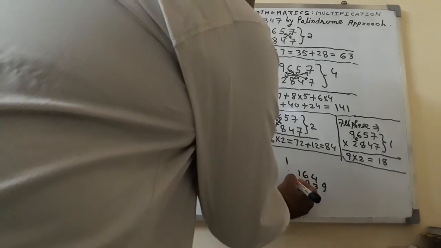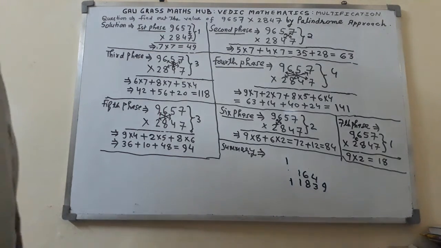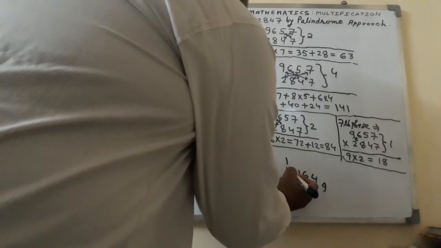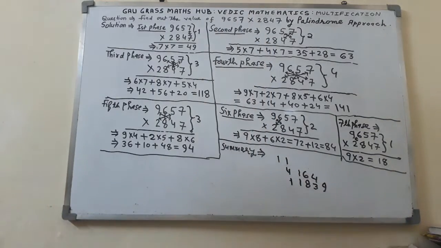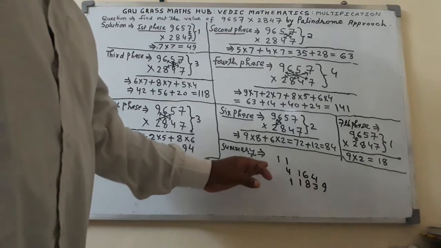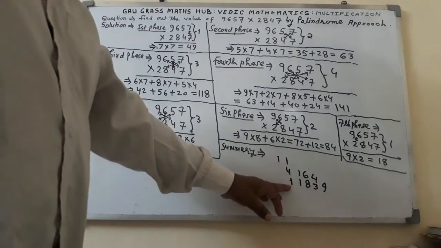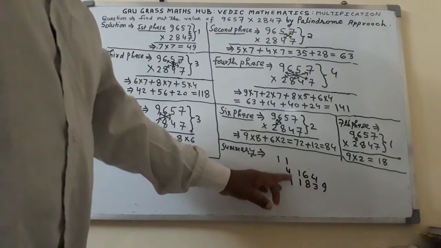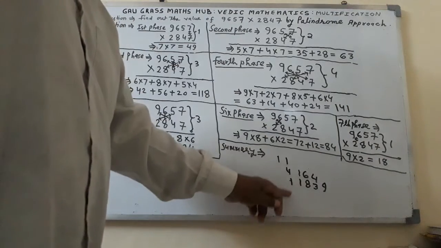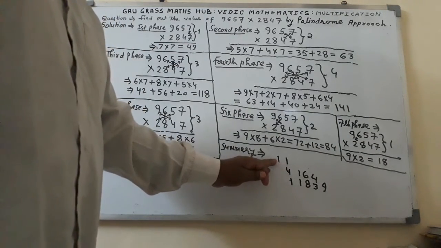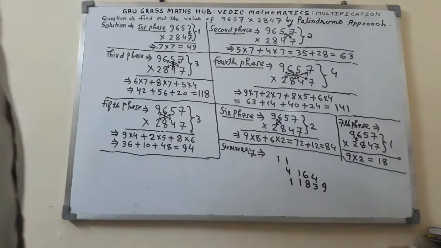This 1 will be reflected at this place, and this 4 will be reflected at this place, and this 1 will be reflected at this place, like this. 1, 4, 1. So you have got 118, 141.